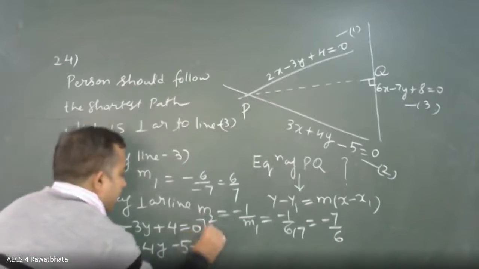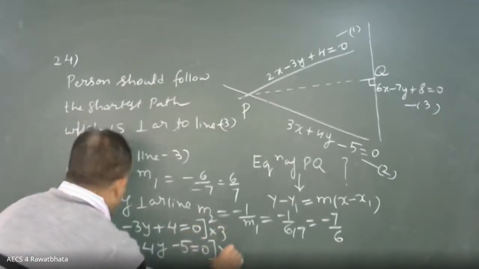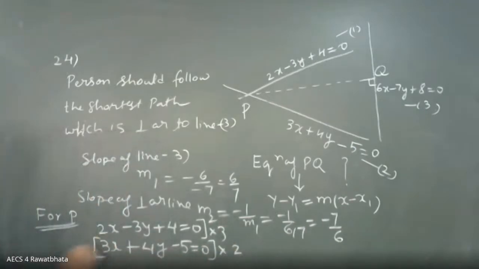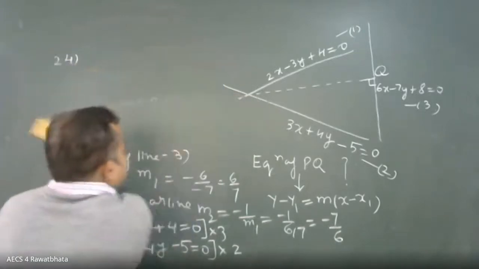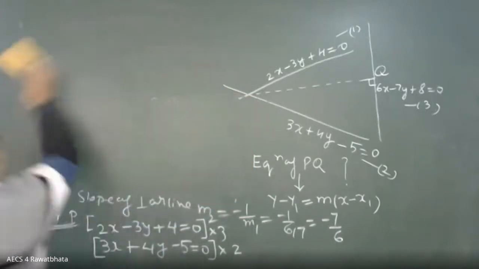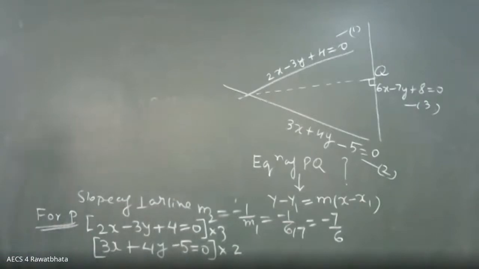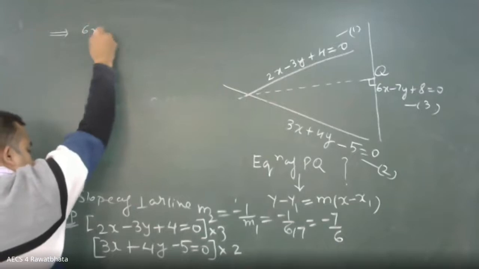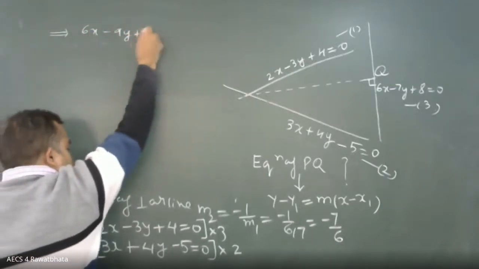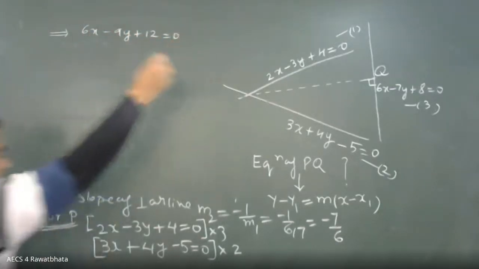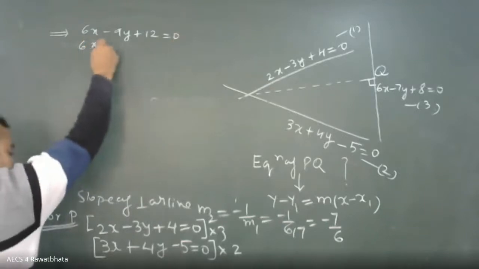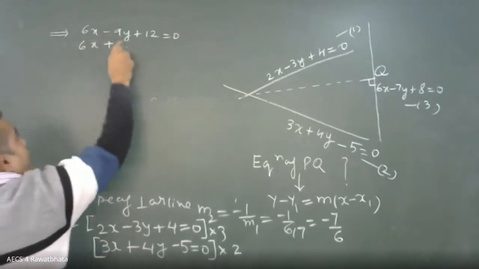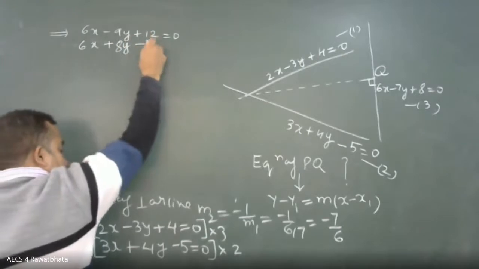In this I am multiplying by 3, in this I am multiplying by 2. Let's multiply, I have to do it. Writing here. So the first equation will become 6x minus 9y plus 12 equal to 0. The second one will become 6x plus 8y minus 10 equal to 0.